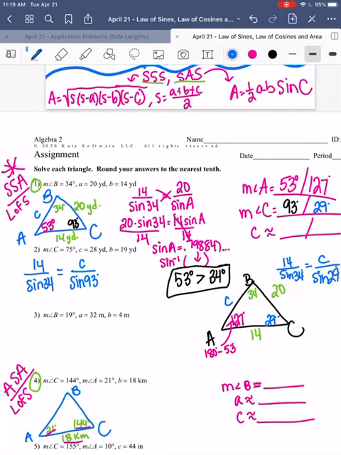All right, and then if you remember, you just times by sine 93. And then here we're going to times by sine 29 to get the C isolated. So I'm just showing you the process is the same for both of them. It just uses a little bit different numbers.